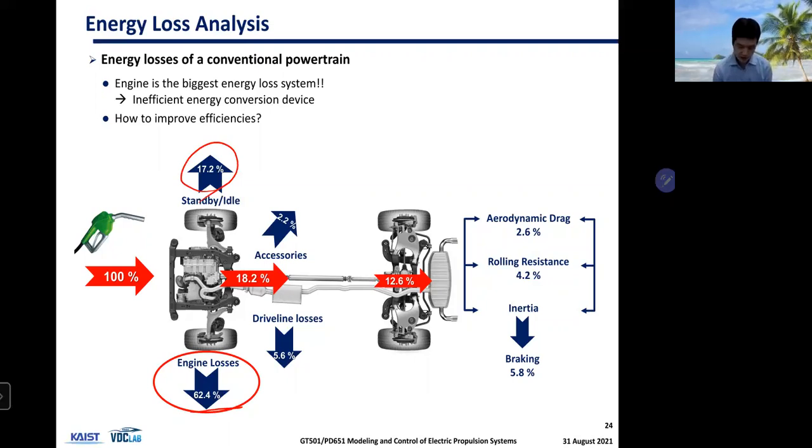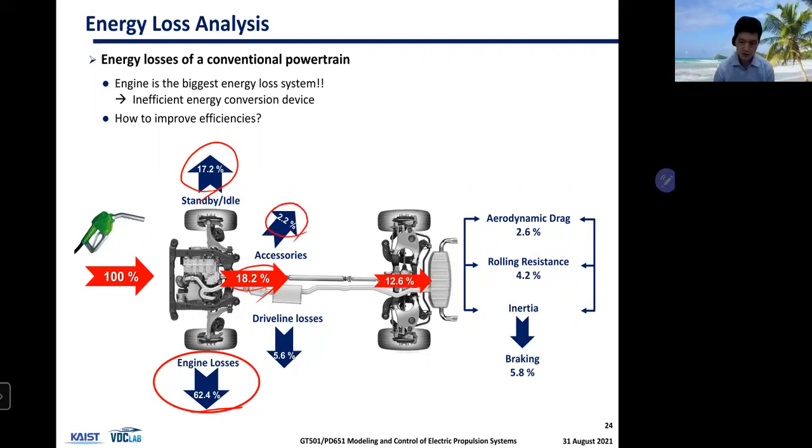And what you actually get from the driveline or input to the transmission is 18.2%. And by the way, there's also accessories of 2.2%.